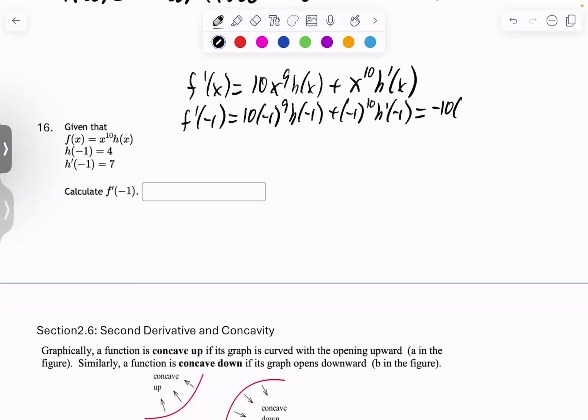H of negative 1 is 4. Negative 1 to the 10th power is positive 1. And h prime at negative 1 is 7. So I'm getting negative 40 plus 7, which is negative 33. That is what I got.